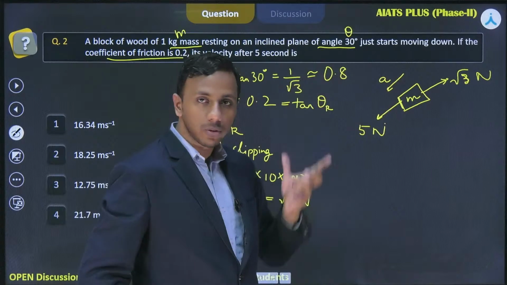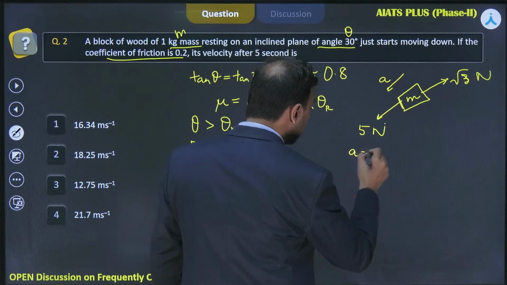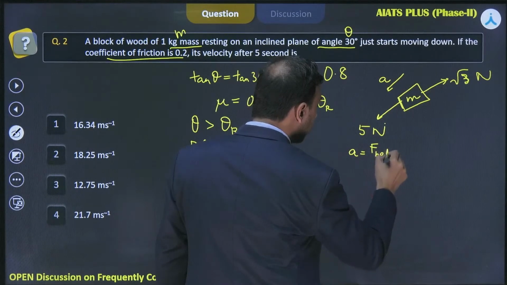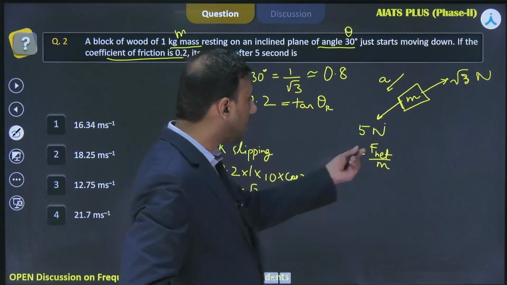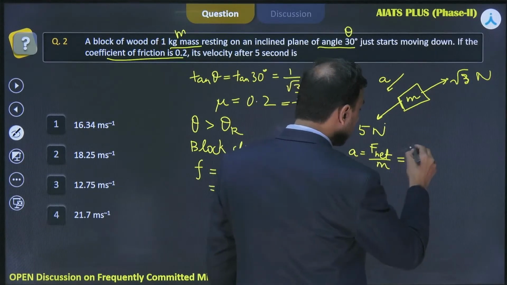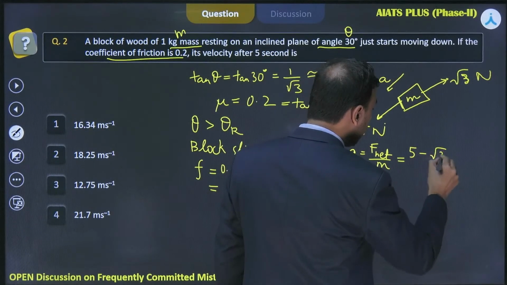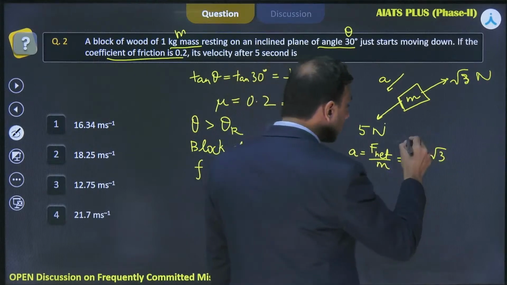So 5 minus root 3 is your net force. What would be the acceleration? Acceleration is net force upon mass, right? 5 minus root 3 upon mass, which is 1 only. So 5 minus root 3 meter per second square.